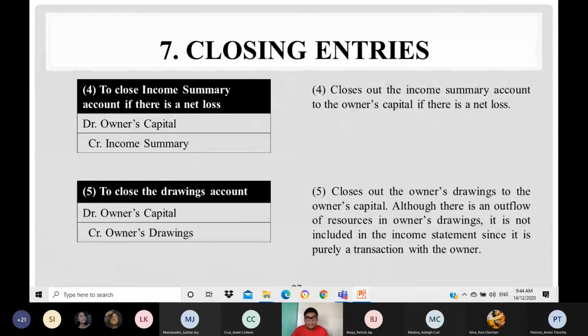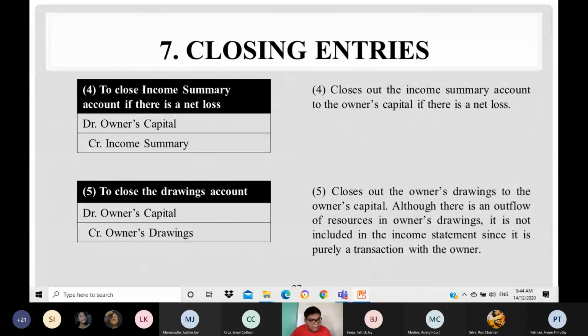And then, after that, you will do the post-closing trial balance. And then, ruling the ledger. Ayan. Sabihin, tapos na. Ruling the ledger. And then, gagawa ka ng opening entry. Okay, hindi ko pala nilagay opening entry.